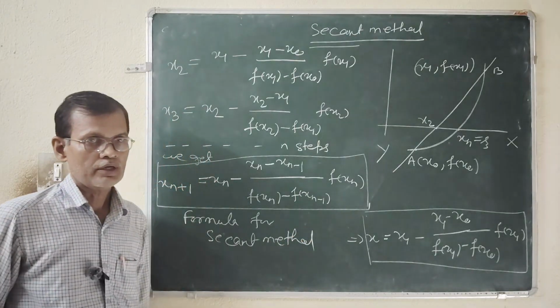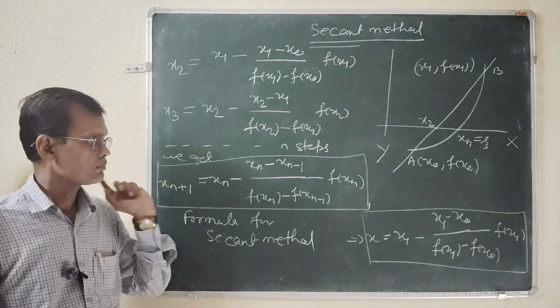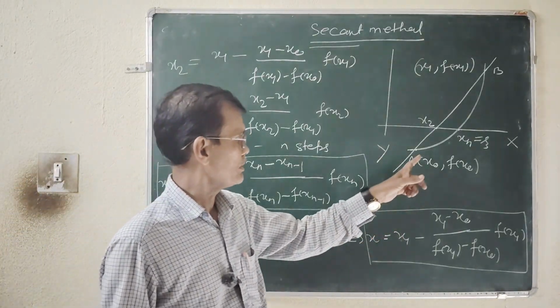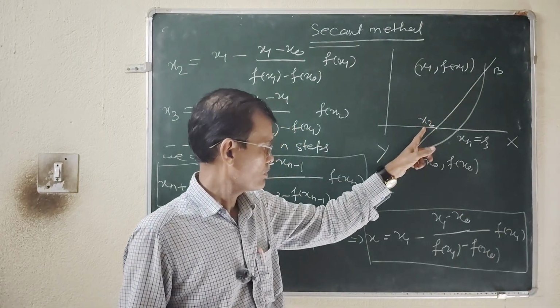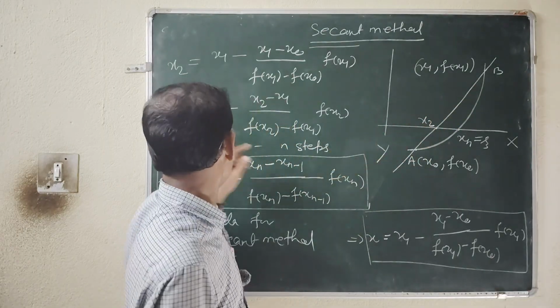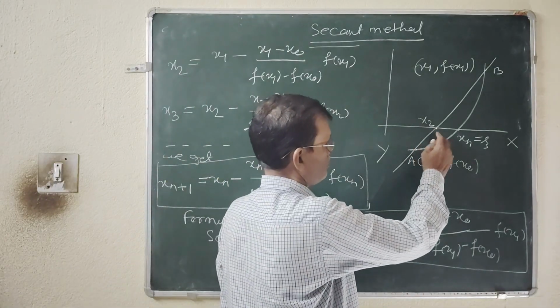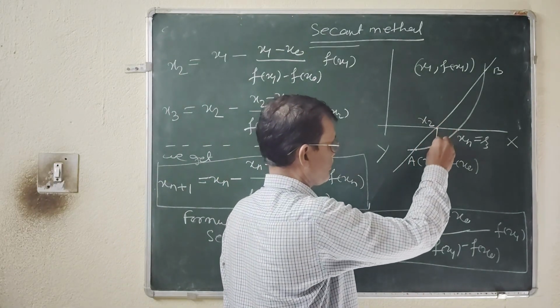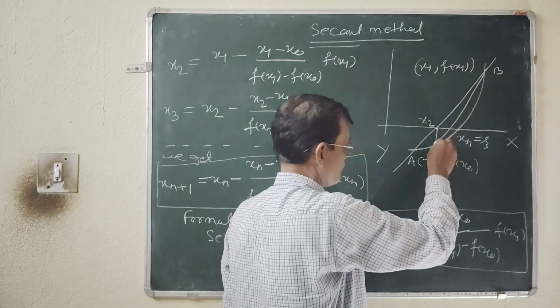This is all about the derivation. In the entire derivation, you have to remember two things. We consider the initial values x0 and x1. From that we get x2, and from x2 again we get x3 and so on. You see how we get it. If this is x2, here we can draw a perpendicular and join these 2 points.